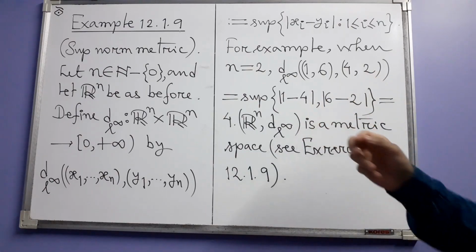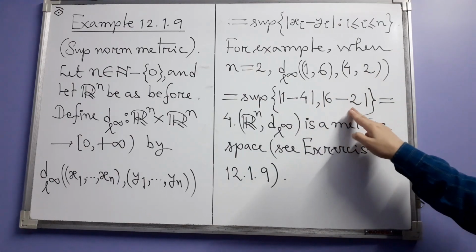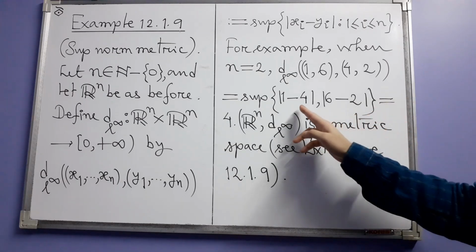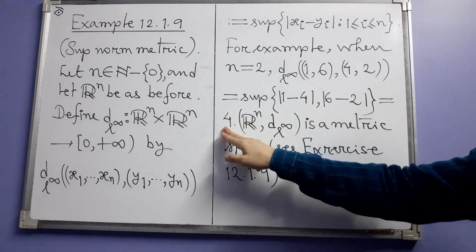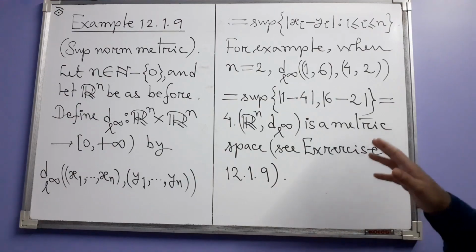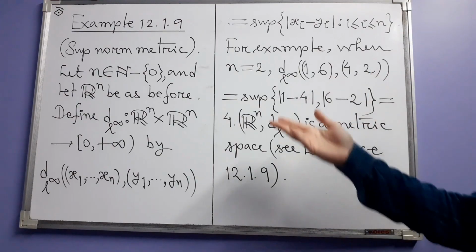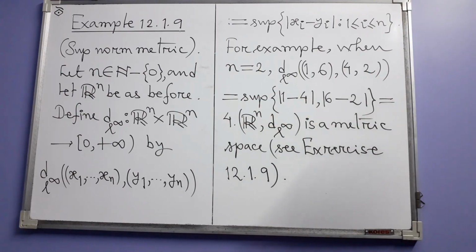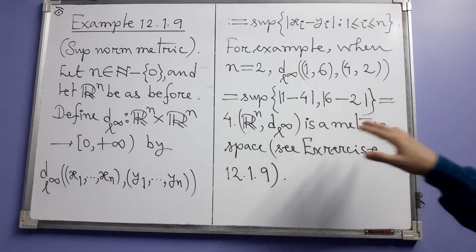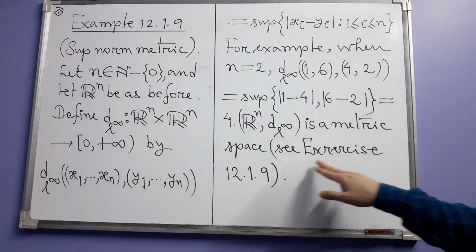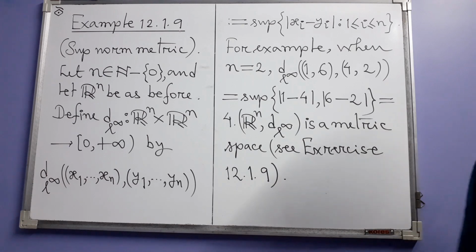So this one is 3 and this one is 4. So the maximum between them is 4. Okay, so 4 is the distance between these 2 points in the sup norm metric. And the fact that this is actually a metric space, we will prove in exercise 12.1.9.